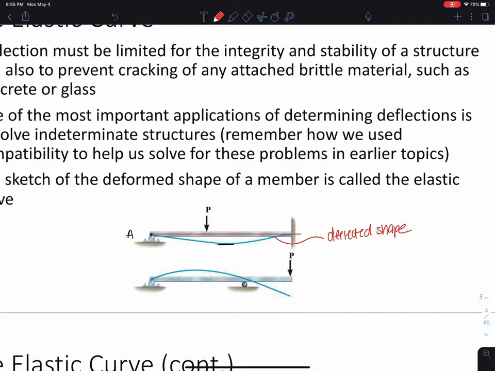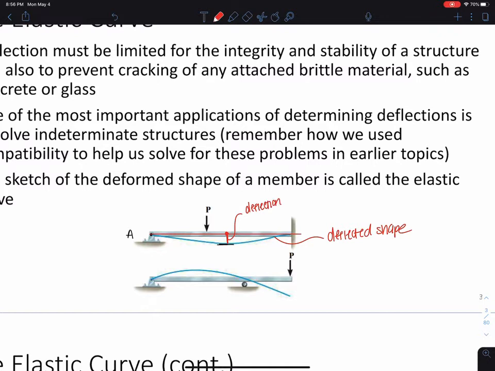So the beam has deflected into some shape due to a force P, and if we're looking at just this point on the beam, this distance is our deflection at that point. So you can see that deflection, just like shear and moment, varies depending on where you're standing on the beam.